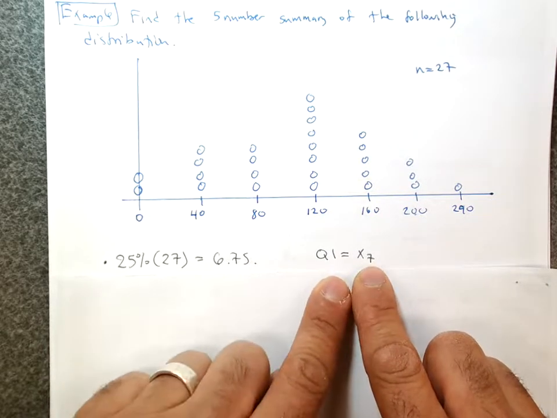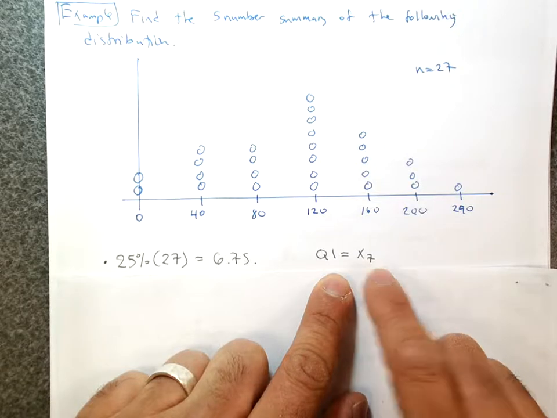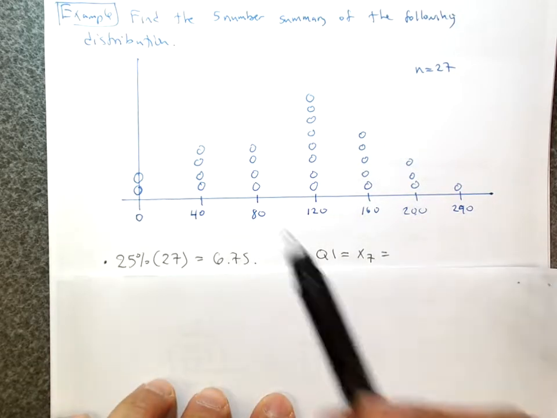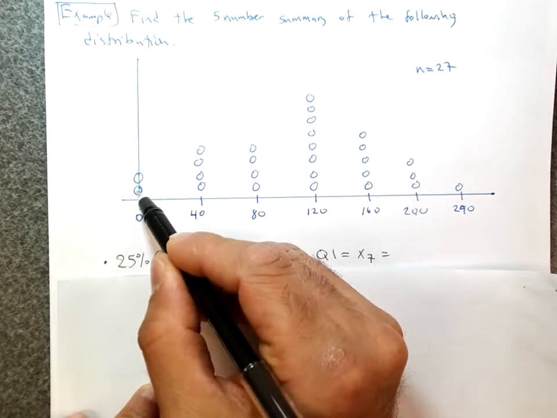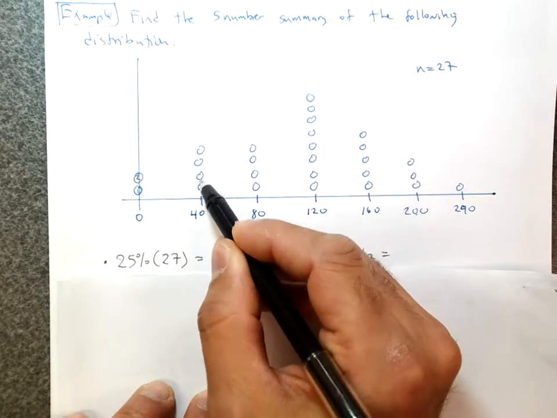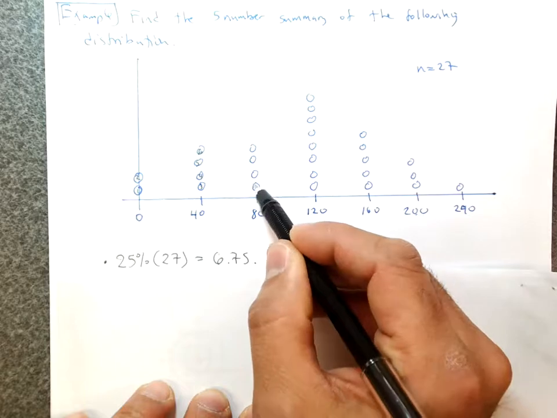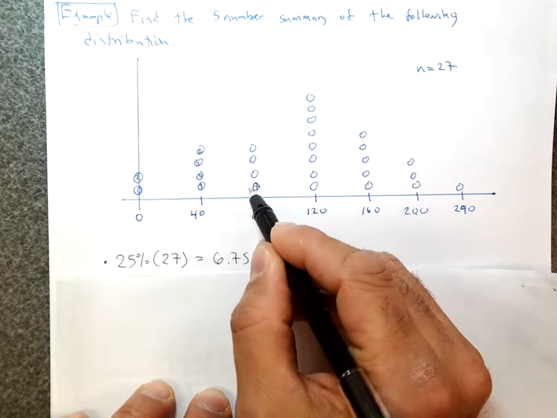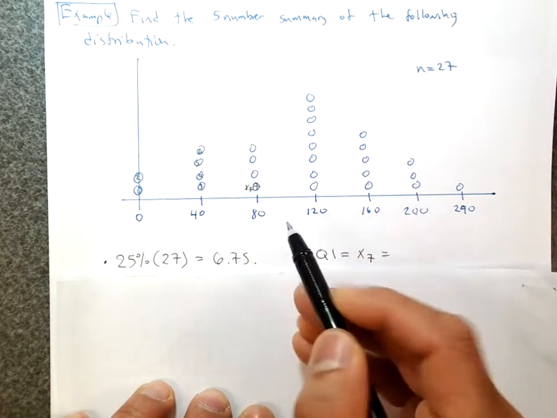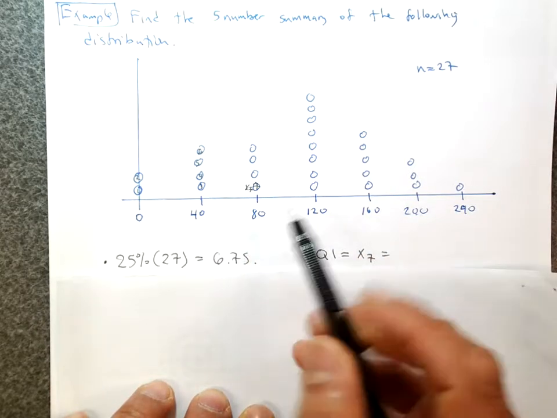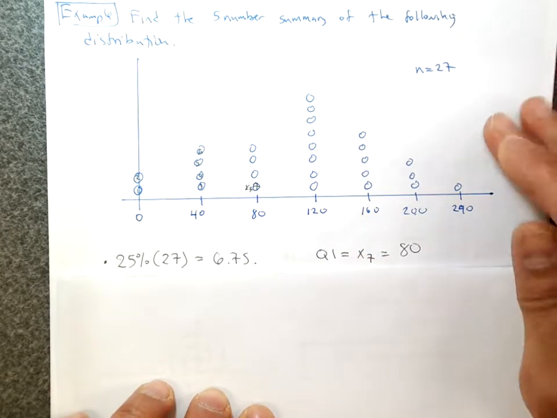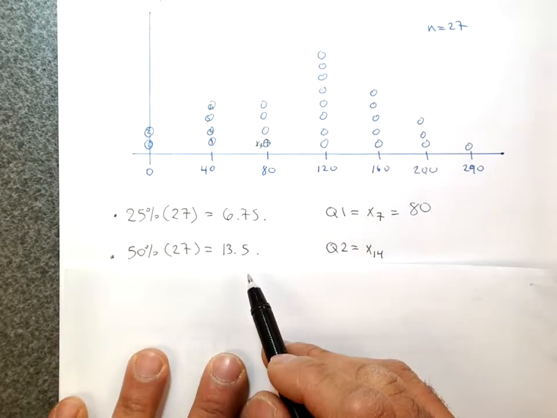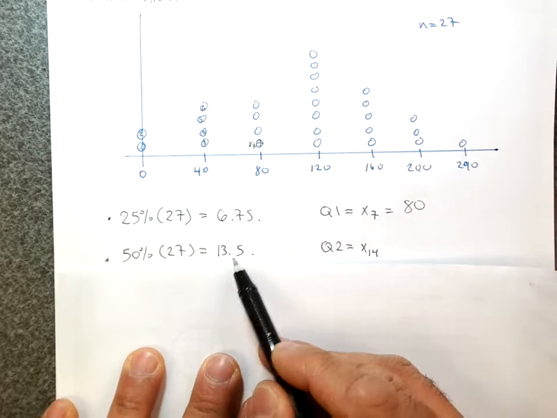which tells me that the first quartile is the value of the 7th individual from the left. Let's just count it and see where that is. 1, 2, 3, 4, 5, 6, 7. So here's x7. Its value is 80. That's my first quartile. For the 50th percentile, 50% of 27 is 13.5.